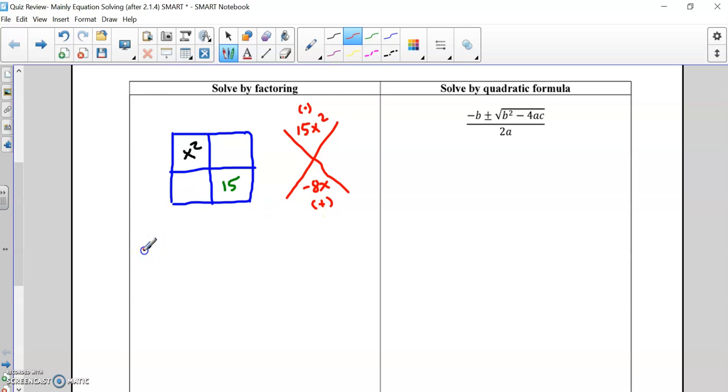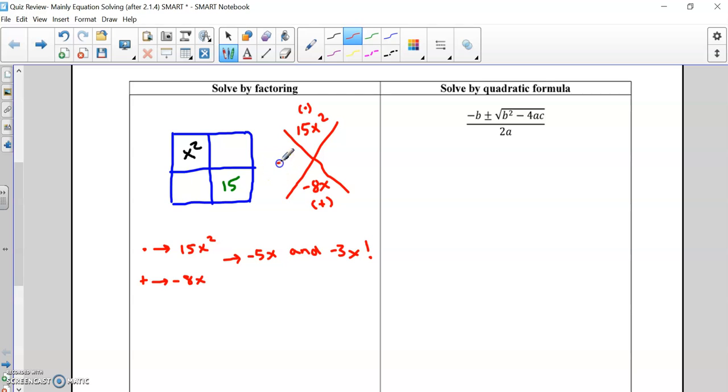So if we need to find two numbers that multiply to make 15x squared and add to make negative 8x, you think a little bit, you think, oh, well, 5 times 3 equals 15, but 5 plus 3 is positive 8, not negative. This is where you play around with the signs for a bit, and hopefully you would realize that 5 and 3, if you make them both negative, fit the bill.